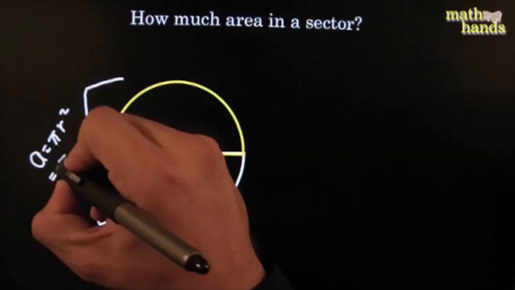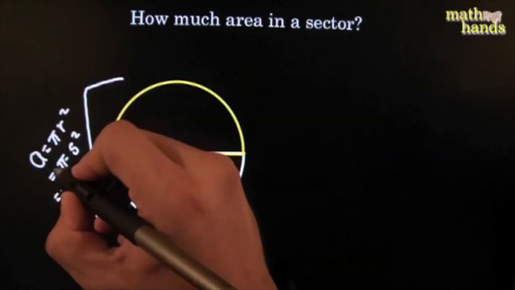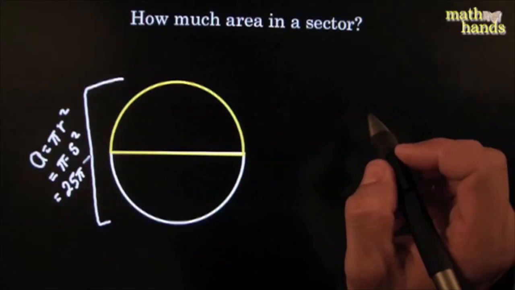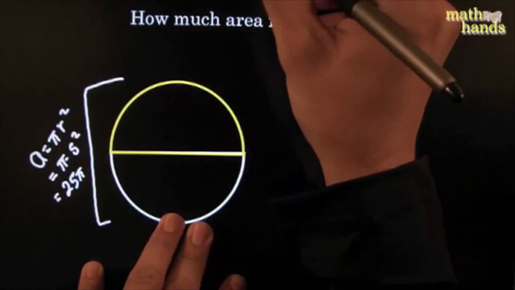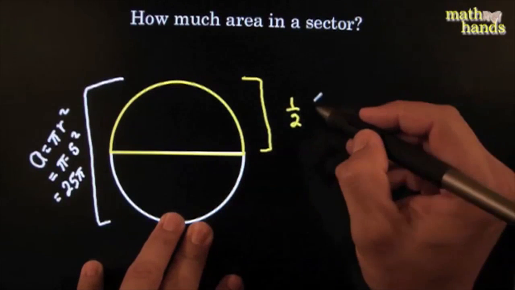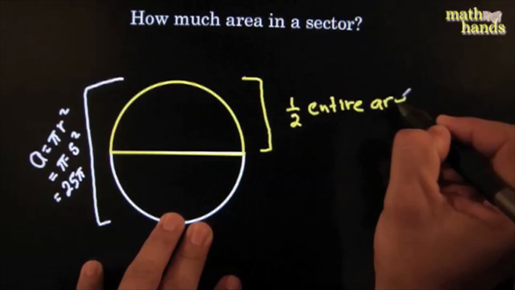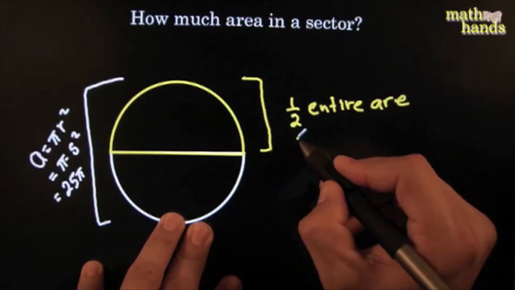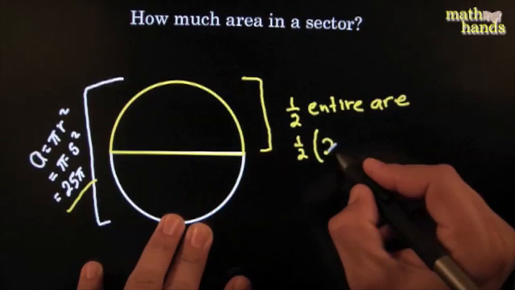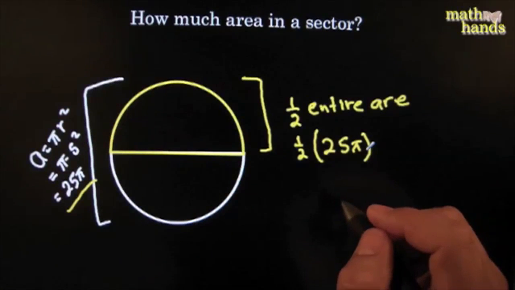So that's equal to pi times 5 inches squared, which is 25 pi inches squared. That's the whole circle. Then you say to yourself, well, this is only a portion of it. It's half the entire area. So therefore, this would be half of the entire area, which was 25 pi. There you go. That's how you would calculate it.